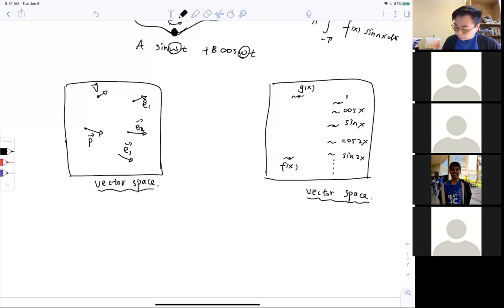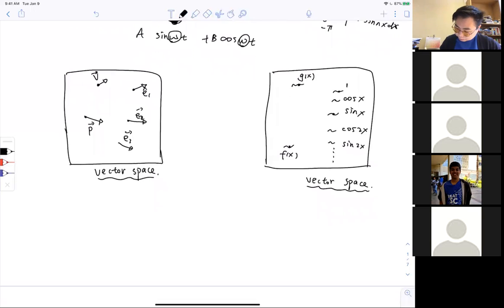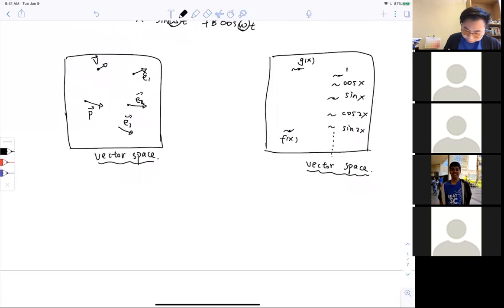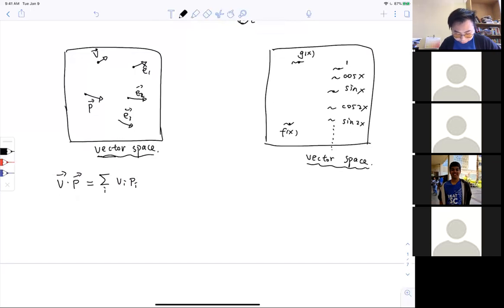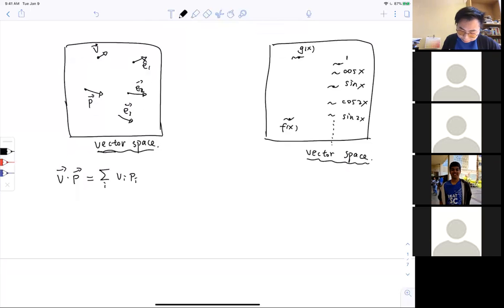Because there is an infinite number of bases: 1, cosine x, sine x, cosine 2x, sine 2x, and so on. Similar to what we did in the vector space, we have an inner product, right? P dot V is written as the sum over all the components, V_i P_i. Similarly, we can also define an inner product in this vector space.